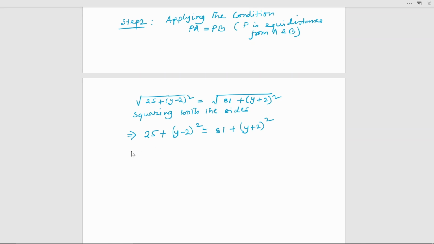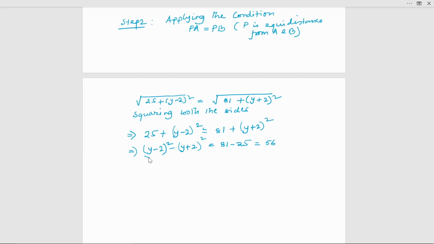Now what we can do is bring (y minus 2) square minus (y plus 2) square equal to 81 minus 25, which is basically 56.